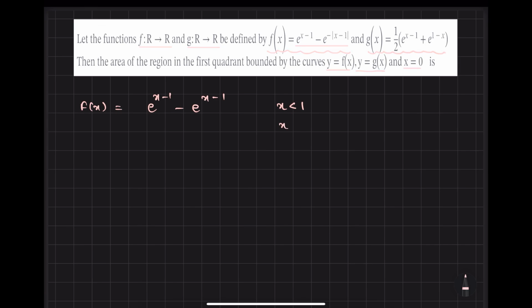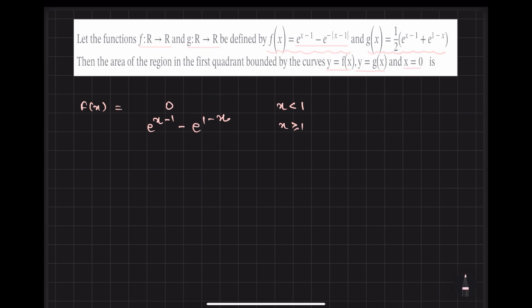And if x is greater than equal to 1, it will open with positive sign. So positive and negative will become negative. So we are left with e power x minus 1 minus e power 1 minus x. Correct? And if you'll focus over here, these two things are same, so it will become 0. So instead of writing the whole thing, can I write only 0?